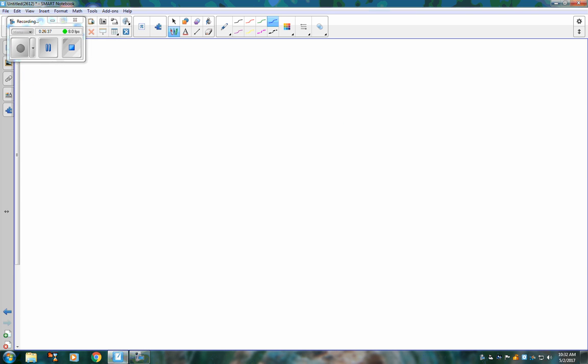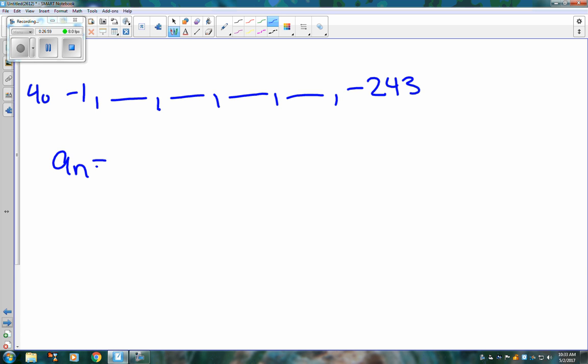Number 4. We're given -1, space, space, space, space, -243. I'm going to do it the exact same way. a sub n equals a sub 1 times r to the n minus 1.